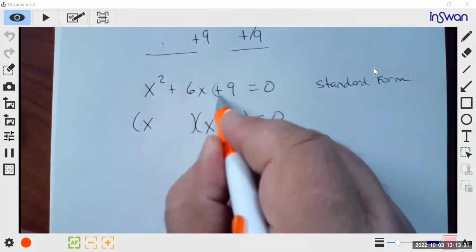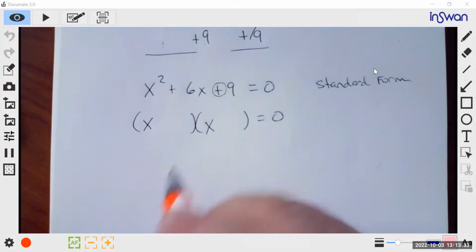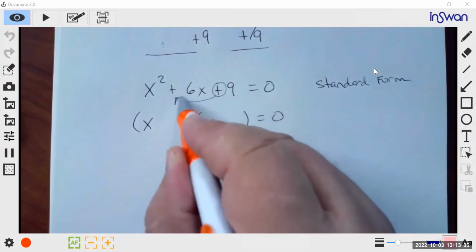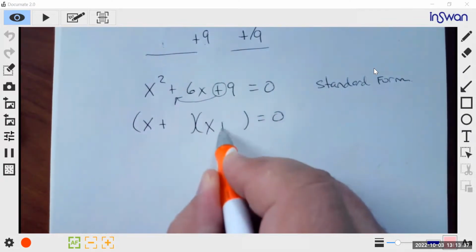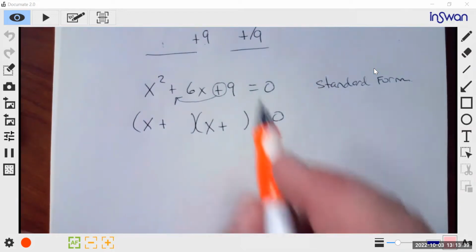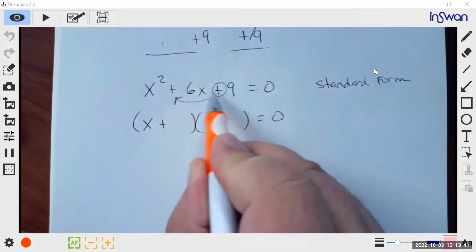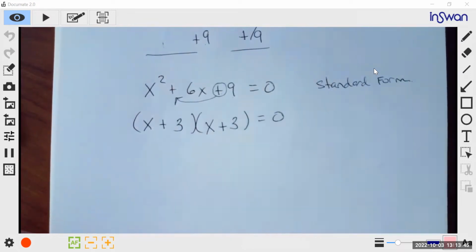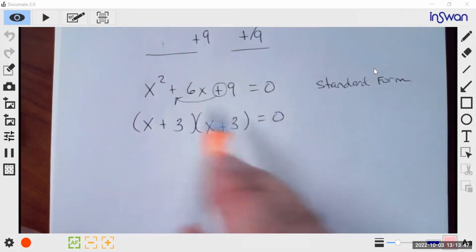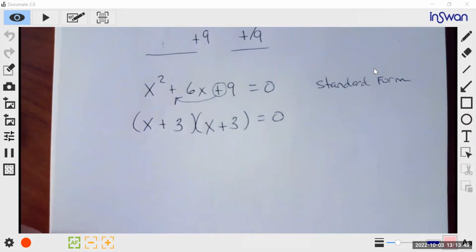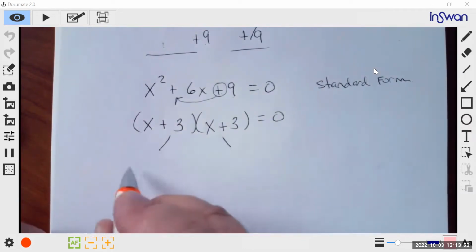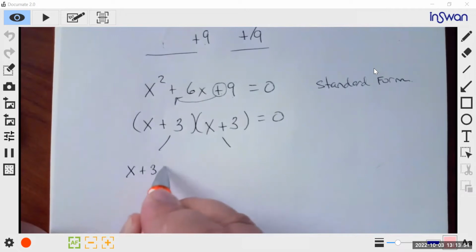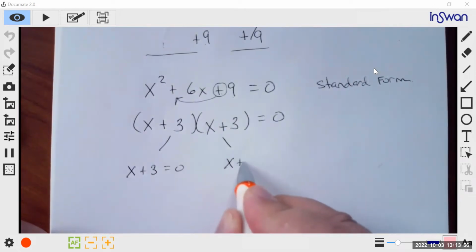The second sign's a plus, which means they're both the same. They're both going to be pluses. What times what is 9? When you add them, you get 6. 3 times 3 is 9. 3 plus 3 is 6. Now we take both of these equations, set them equal to 0.